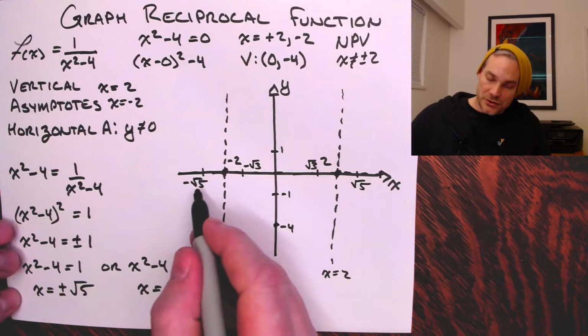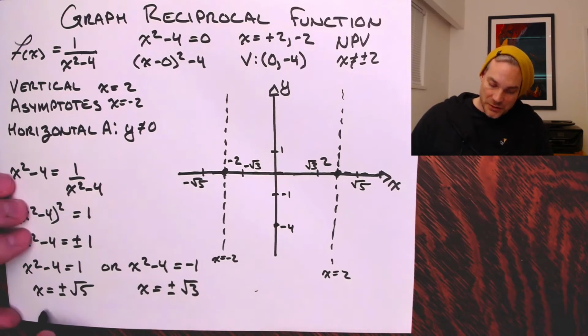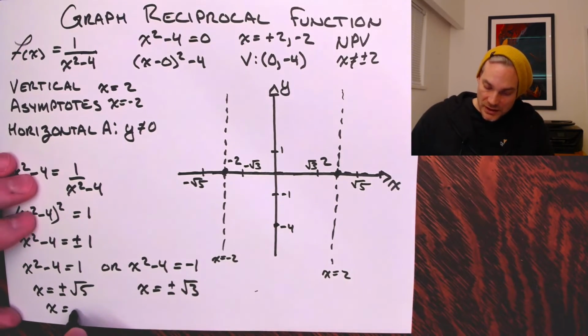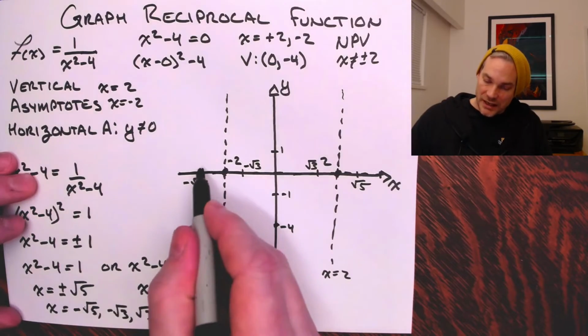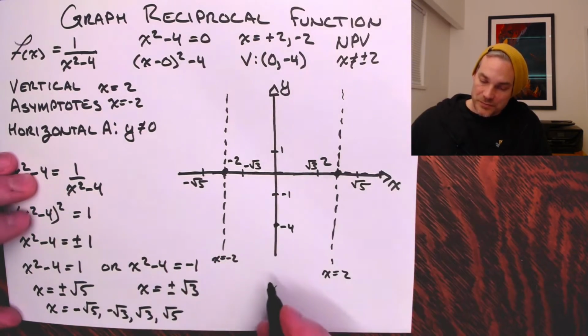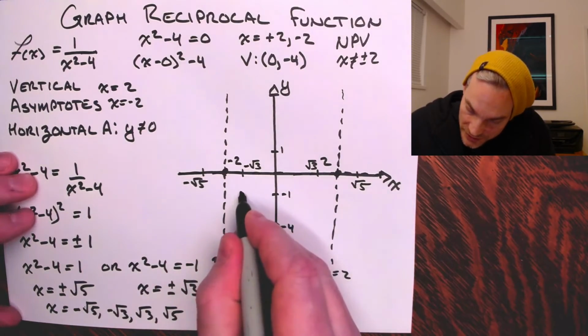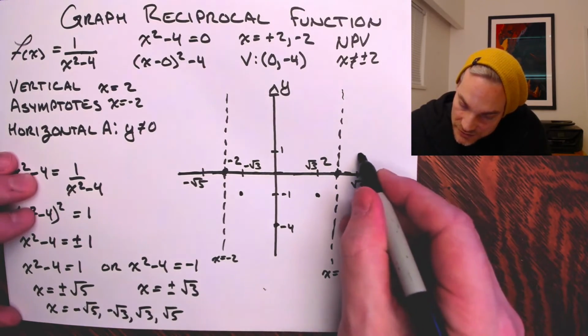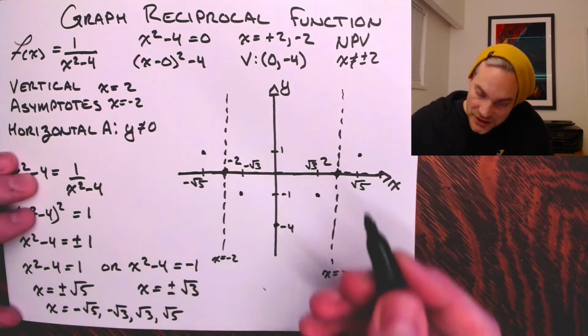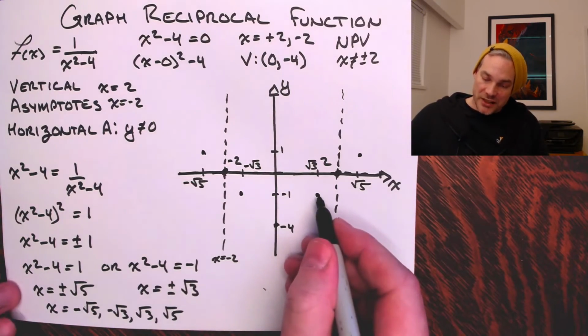The way that I knew this orientation is that my possible roots are plus or minus root 5 and plus or minus root 3, so if I just order them, minus root 5 is the smallest, then minus root 3 is the next smallest, then root 3, and then root 5 is the biggest. So I know that 1 up here and up here, these are the points on my graph.